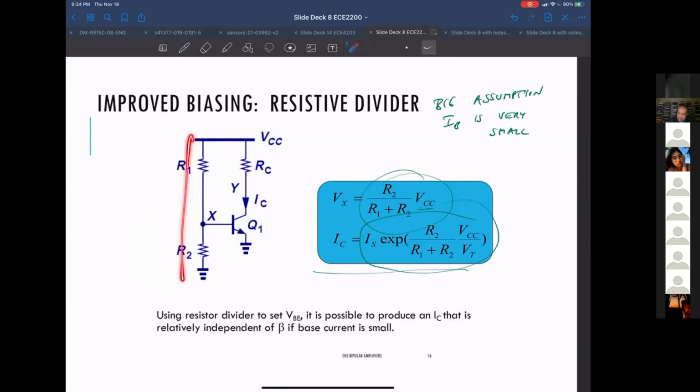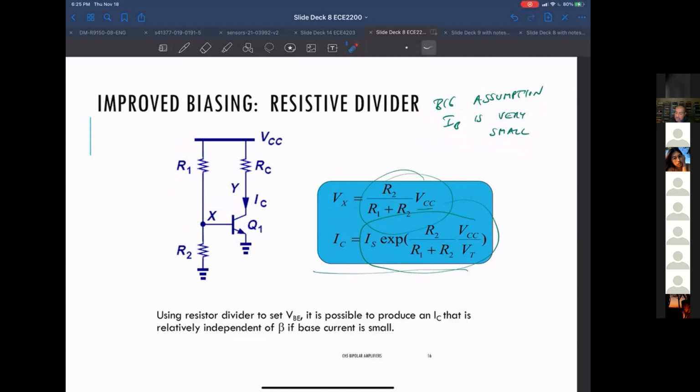But that's not entirely the case, because a certain current goes through R1, but then a little bit of it, I sub B, gets split off and goes into the bipolar transistor's base, and the rest of it goes through R2. So this equation assumes that we can neglect I sub B.